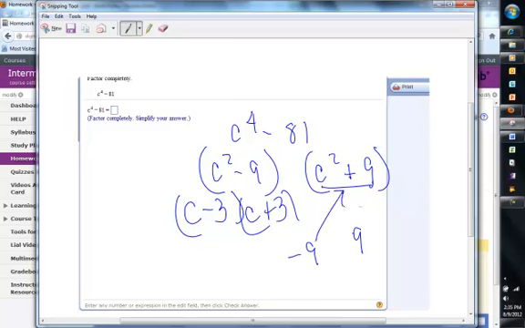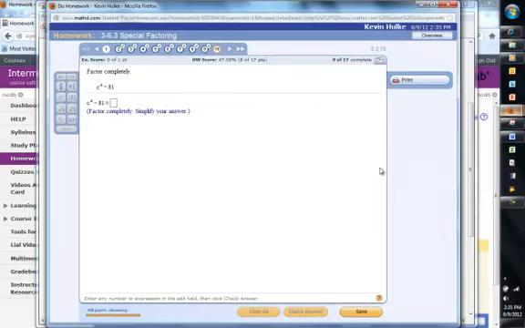So it gets these two roots right here, but it won't tell you that that part there is also factorable. So make sure you pay attention to that. So our factored form is c minus 3, c plus 3, and c squared plus 9.